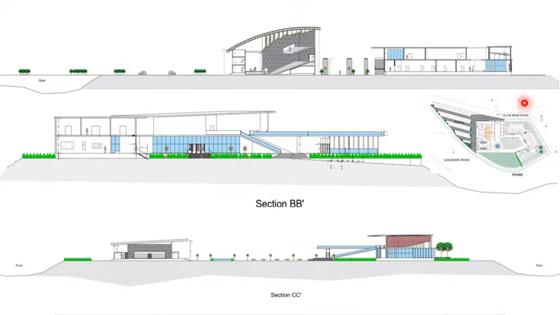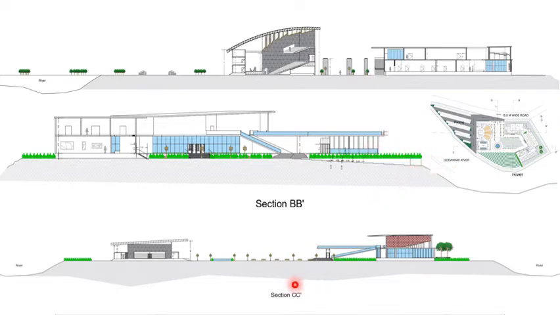This section BB shows the elevation of the library, which has a glass facade, the ramp leading towards the projection facility room, a section from the art gallery and a section from the museum, and the cafeteria, which is open and only has a glass parapet wall, so one can enjoy the view of the Godavari river.